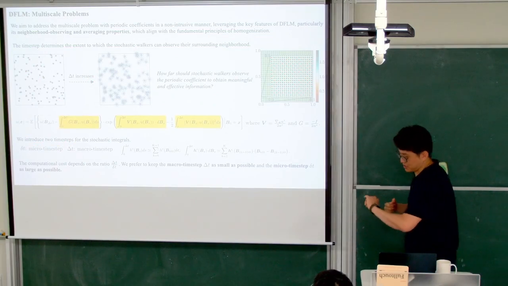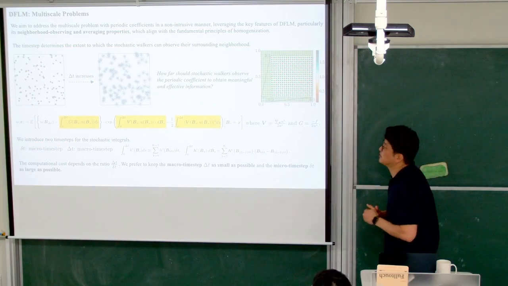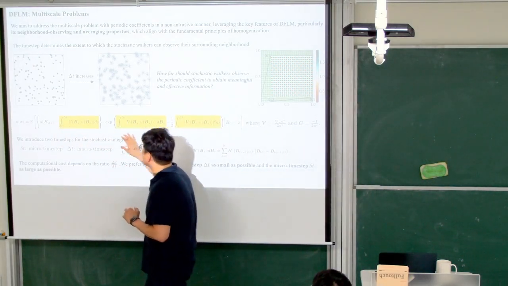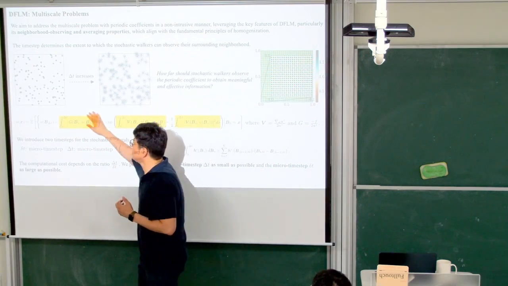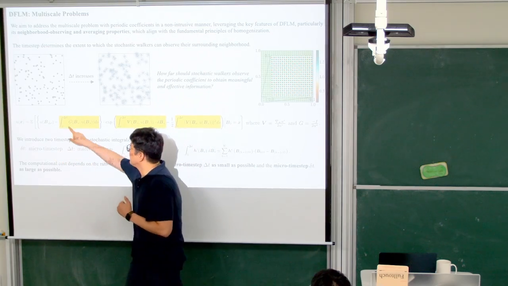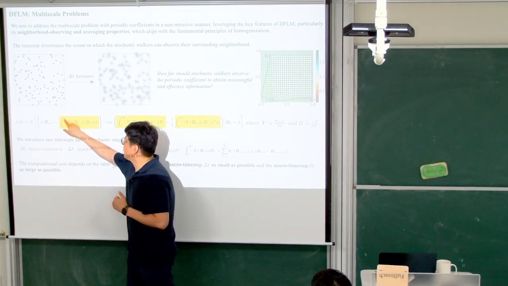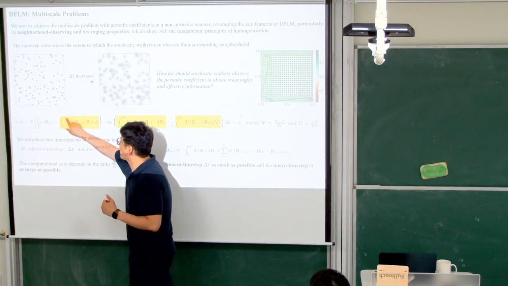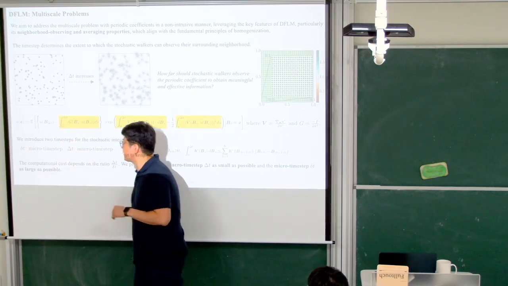To explain the details, here is our loss term and our representation, and I will introduce a micro time step for taking the integral over the original time step. From now on, I call it the macro time, and the small one the micro time.